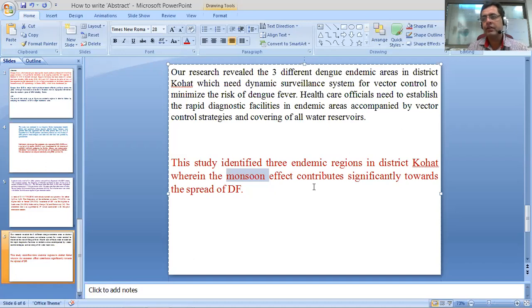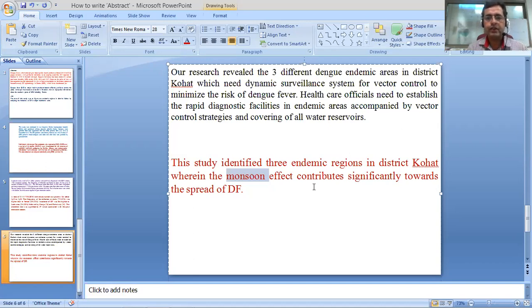That is another thing, and that may be due to the spread of the vector that actually is responsible for spreading this particular virus, because the vector thrives in hot and humid climate, and in the monsoon seasons, hot and humid climate favors these mosquitoes, or the Aedes aegypti and other mosquitoes.